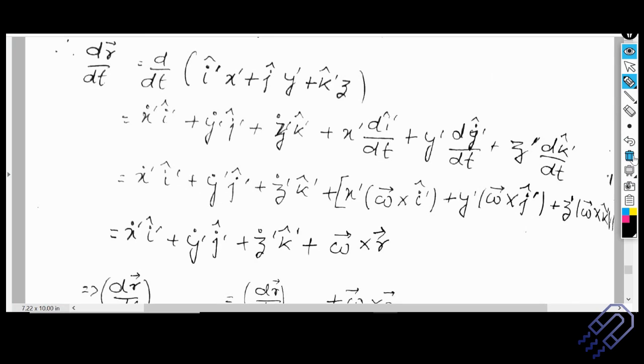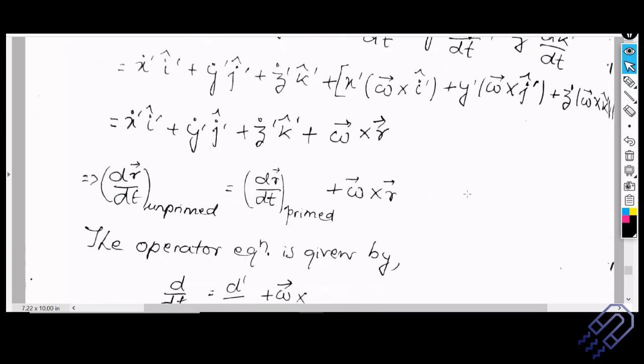So what we will do now is find out the acceleration. But before finding the acceleration, we see that this is basically a connection between the unprimed and the primed system.